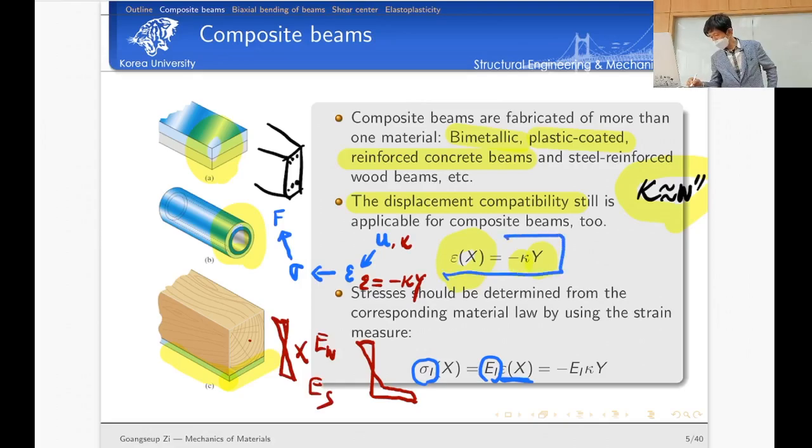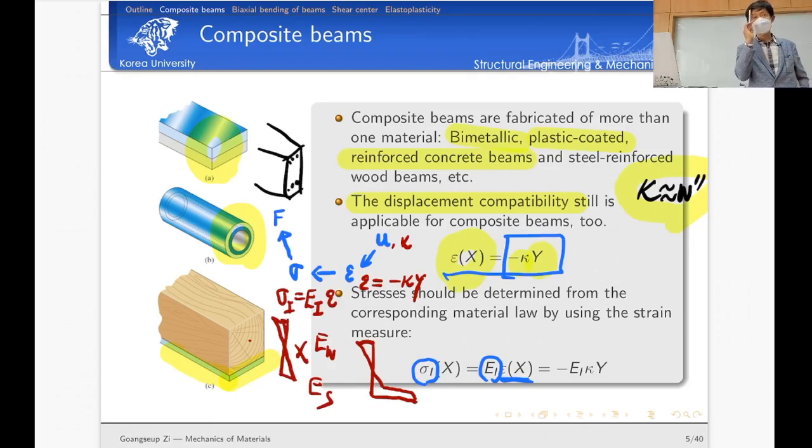My strain is minus curvature times the y coordinate. So where are we? Now we are here. My stress, for the ith material, is equal to elastic modulus times strain. Isn't it right?